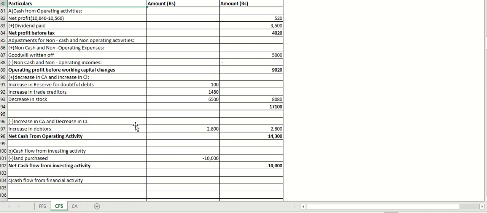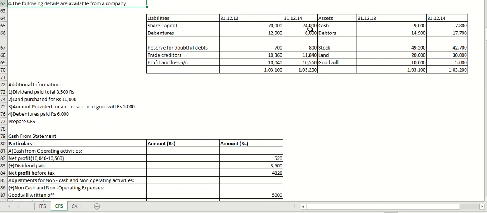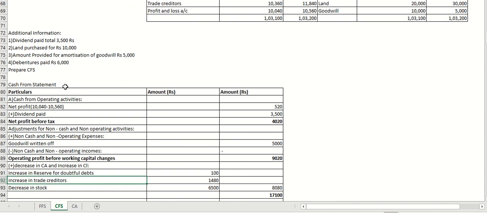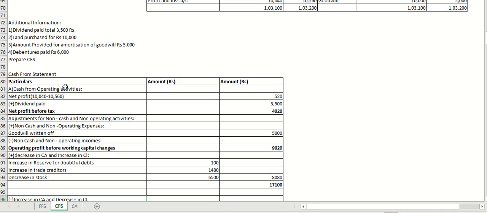So basically, if you see our share capital has increased, so it is issue of shares, debentures have decreased, so redemption of debentures. I think only two of the things we have, and the dividend paid. We will make a note of it.